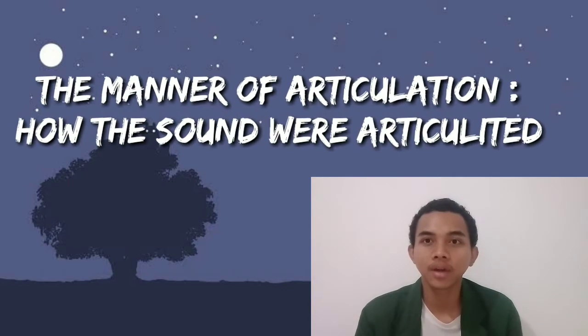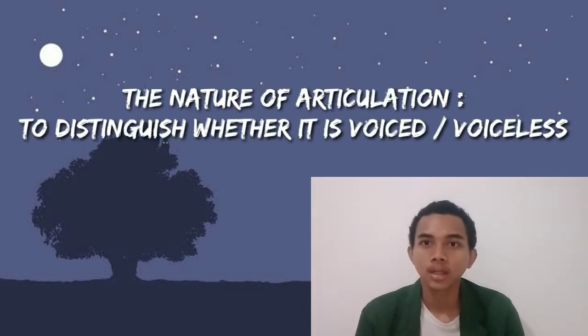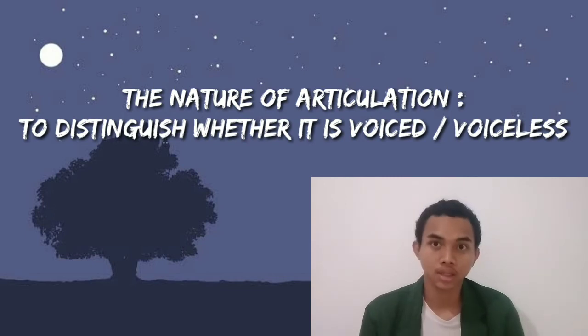For example, it is produced from our lungs and then comes out of our mouth like that. And then the manner of articulation is about the way we articulate that sound. And then the last is the nature of articulation. It is to distinguish whether the sound is voiced or voiceless.